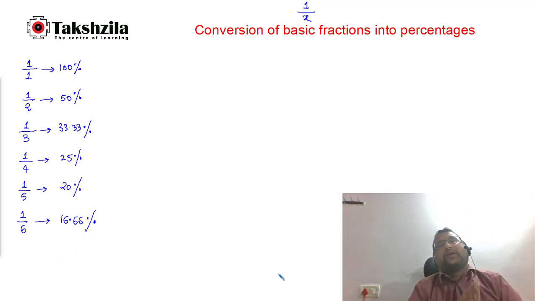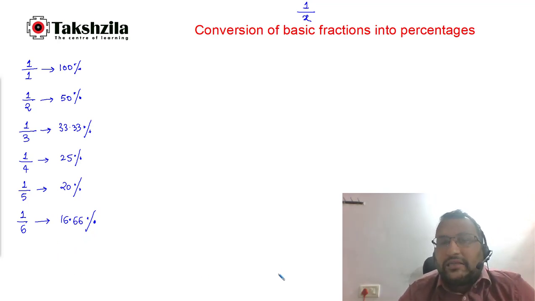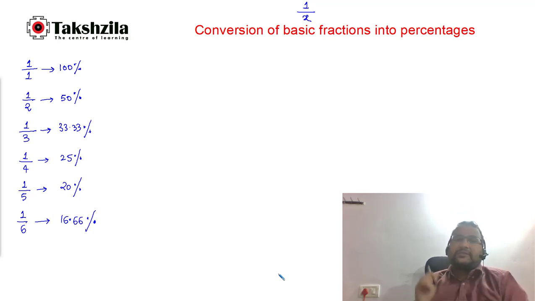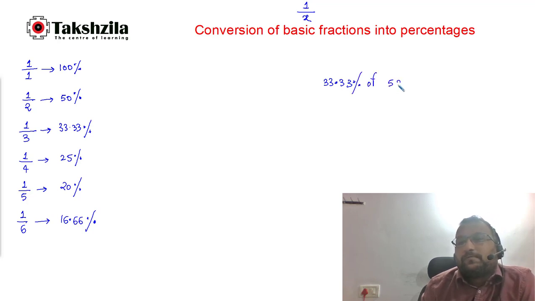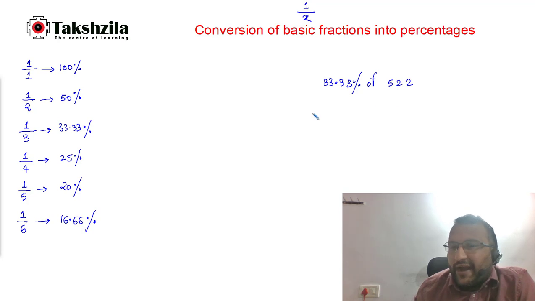but before that let me tell you why we are listing it down. So look here, these fractions and these percentages are very commonly used. For example, if I want to find 33.33% of, let's say, some number 522. So what is our traditional calculation?